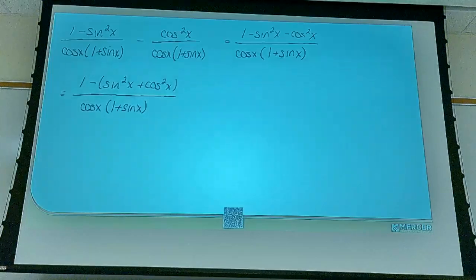Factor out the -1 from those last two terms. But what's sine squared plus cosine squared?